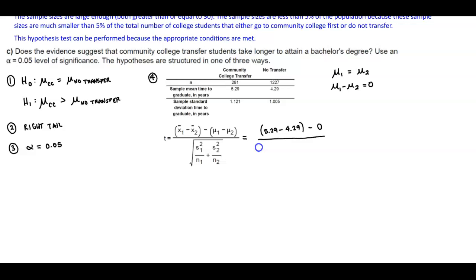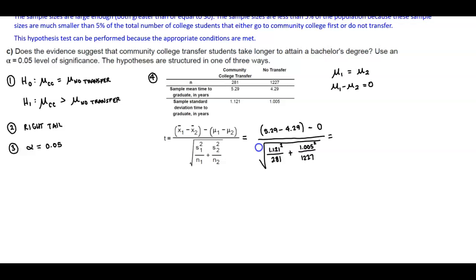And then we're going to divide that by the square root of the sample standard deviation for the community college transfer, which is 1.121, squared, divided by the sample size, which is 281, plus the standard deviation for no transfer, which is 1.005 squared, divided by the sample size for no transfer, which is 1227.